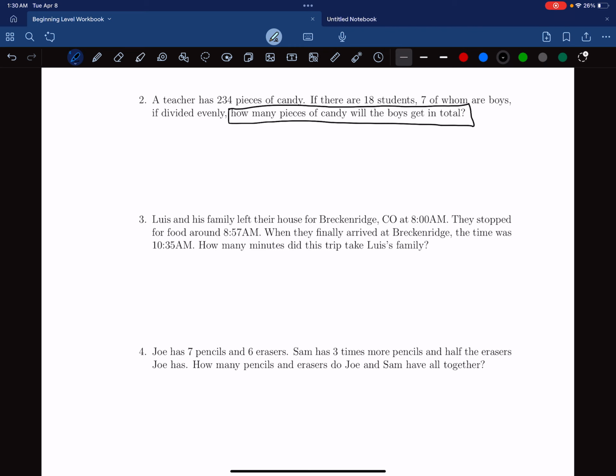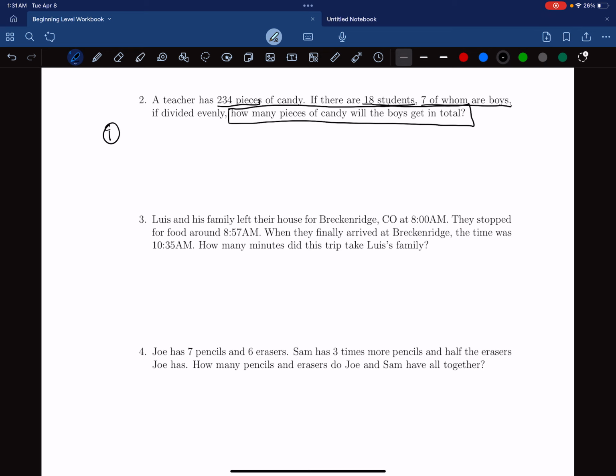And now let's underline some important information. We know that the teacher has 234 pieces of candy. We know that there are 18 students in total. And we know that 7 of them are boys. So with that being said, our first step is that we want to know how many pieces each student in the entire class will get.